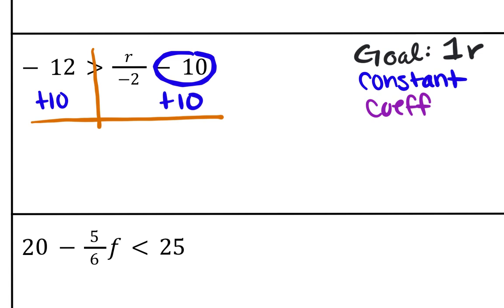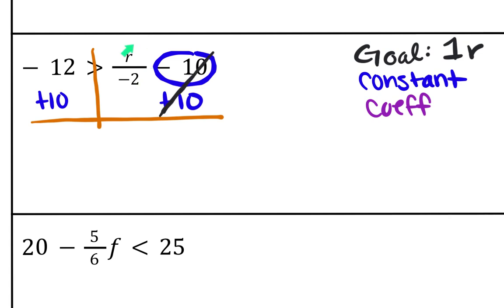And then we always combine like terms with what we can. This r over negative 2 can't combine with these two because they're not like terms, right? This has a variable, these two guys don't. So negative 10 plus 10 is 0, so these guys cancel each other out.